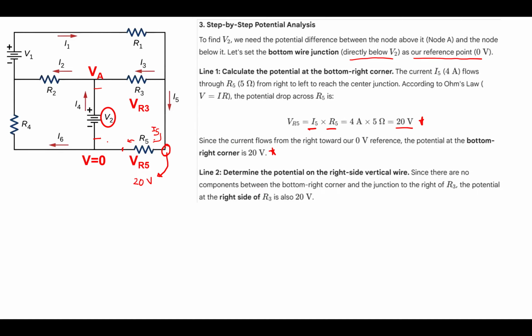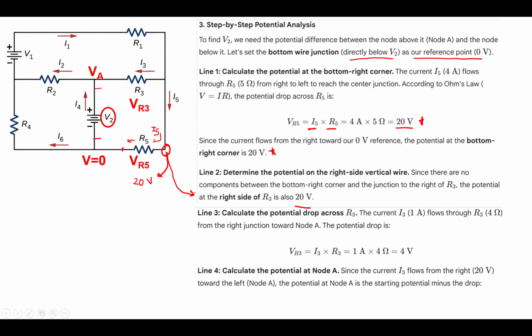Since there is no component between the bottom right corner and R3, the potential at the right side of R3 is also 20 volt. Then we calculate the potential drop across R3.